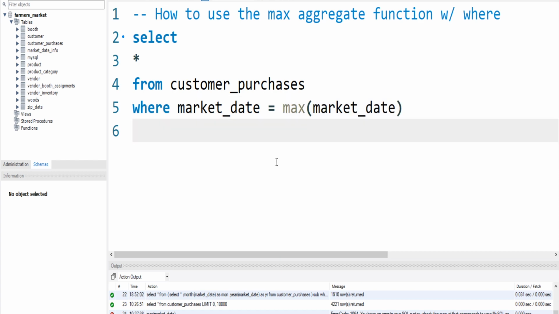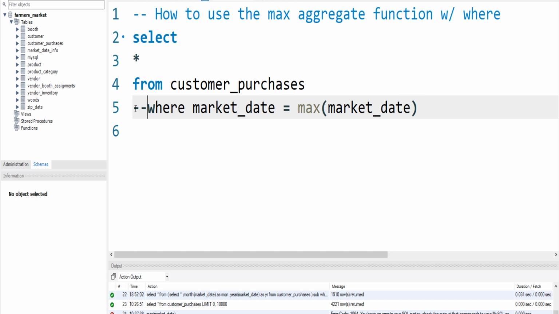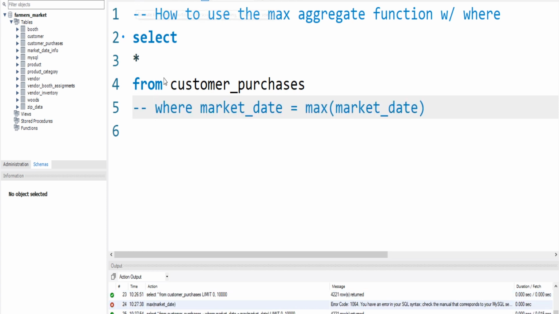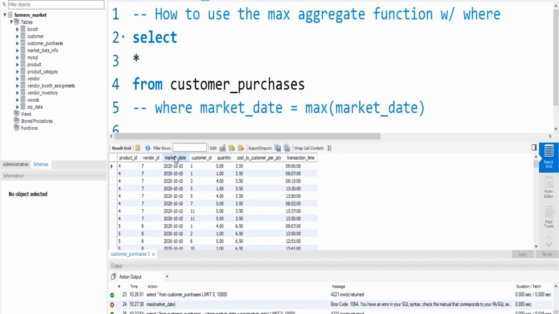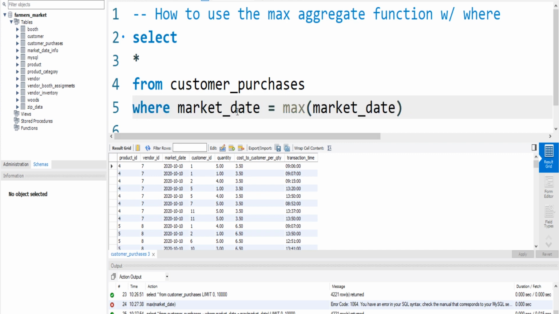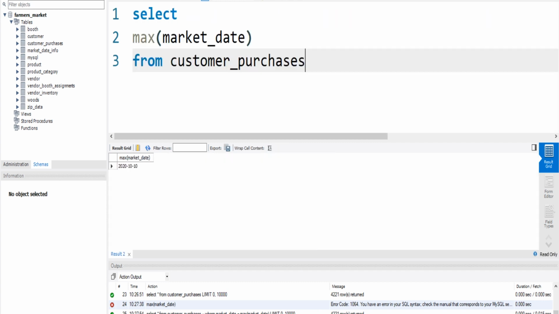So let's logically begin to break this down. We're wanting the 10/10 of 2020. We do this, and we got 10/10 of 2020. But this one is an error, and we're saying, well, why? This should work. Let's think outside the box for a second.